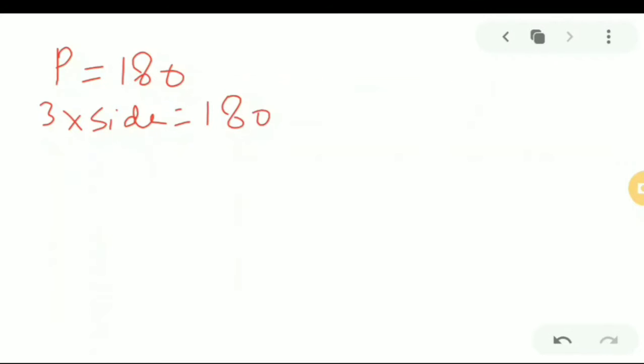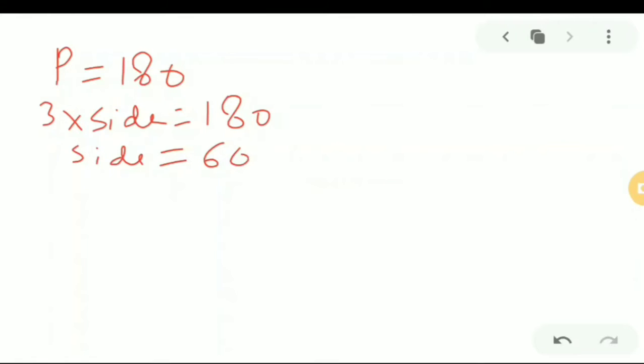Now see, our perimeter is 180. We know that the perimeter of an equilateral triangle is 3 into side. Perimeter is the sum of all sides and all the sides are equal. So the perimeter formula for an equilateral triangle is 3 into side, that is 180. If you solve it, side will come 60.